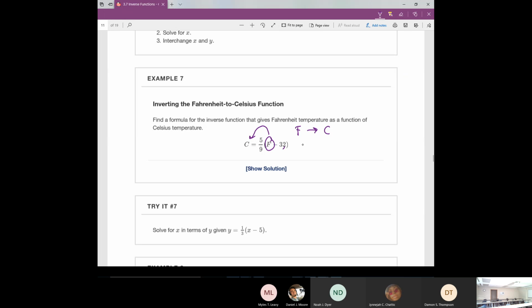Well, if I want Celsius to Fahrenheit, all I do is solve in terms of F. Here I have Celsius as a function of a temperature, equal to this function, 5/9 quantity F minus 32.